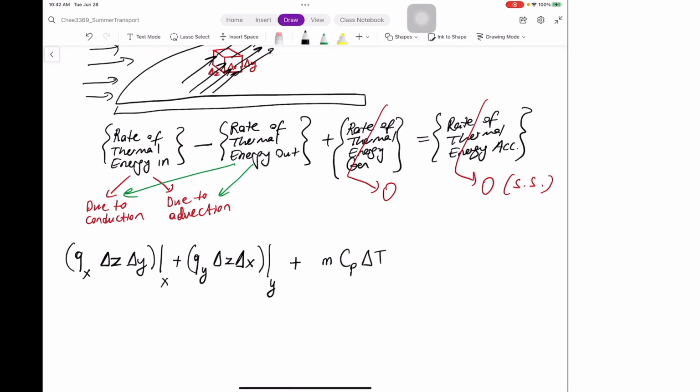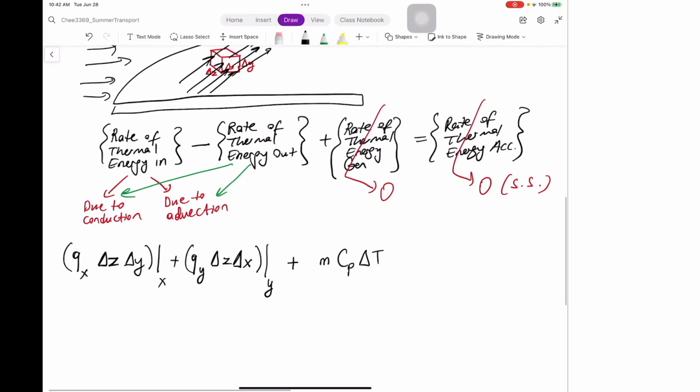Now, per unit time, mass is just going to be the mass entering per unit time. Let's call it dm over dt. It's the mass flow rate, and you can find the mass flow rate by multiplying rho, the density, with the volumetric flow rate, V dot. But the volumetric flow rate is nothing but the velocity times the area.